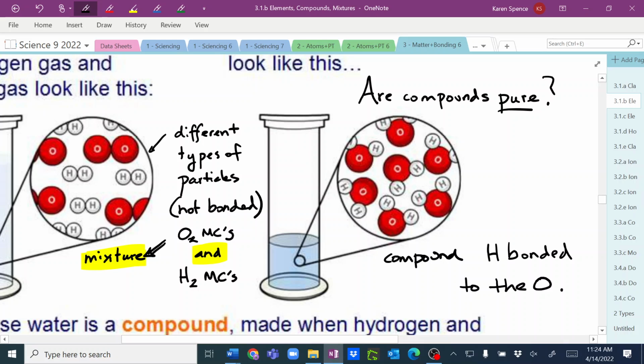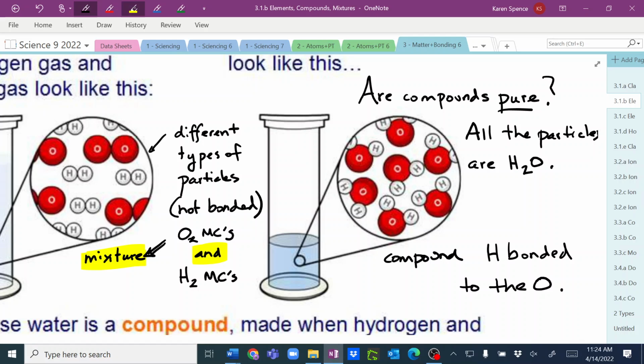Tell me about all the particles in this sample of matter. All the particles are H2O.